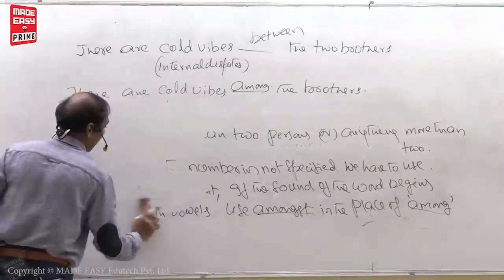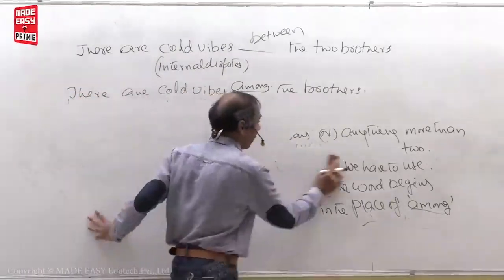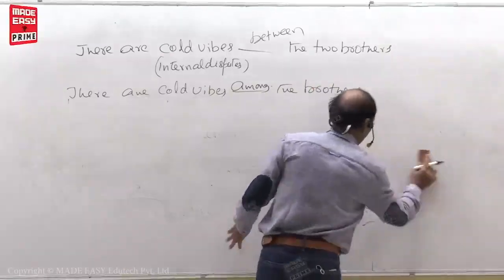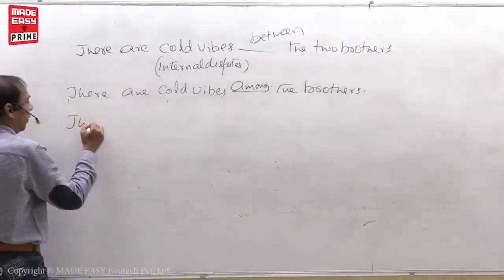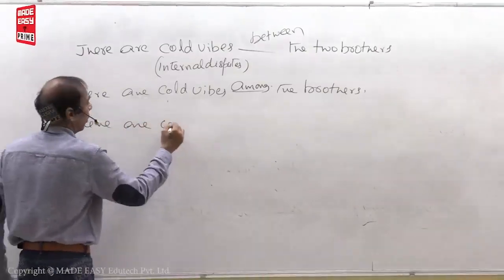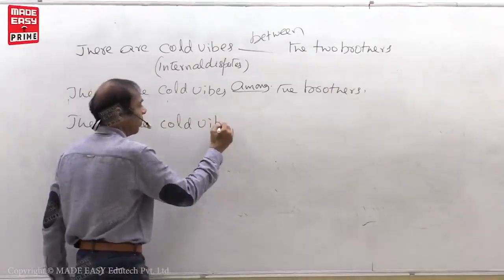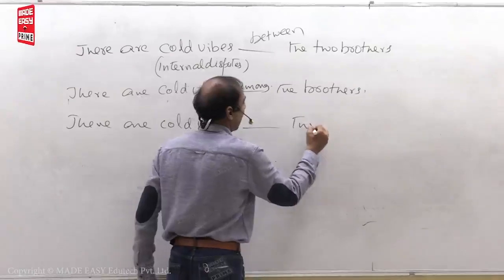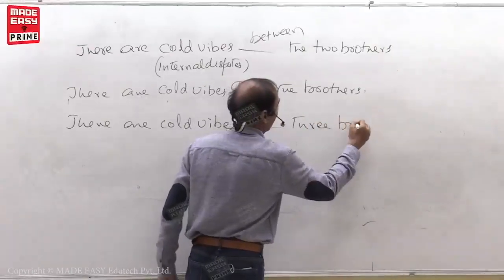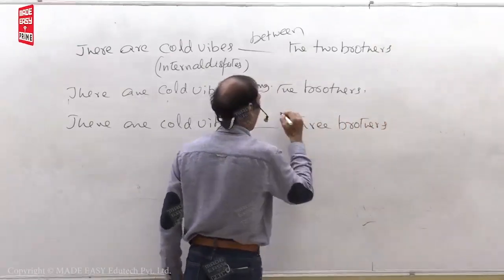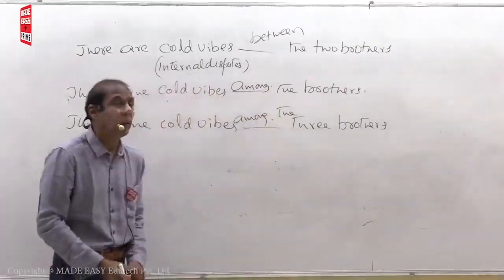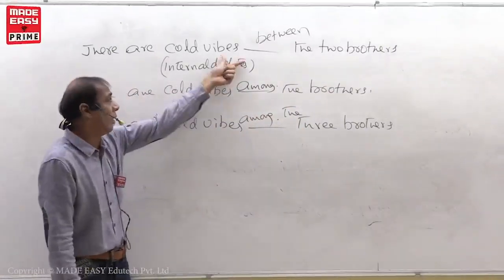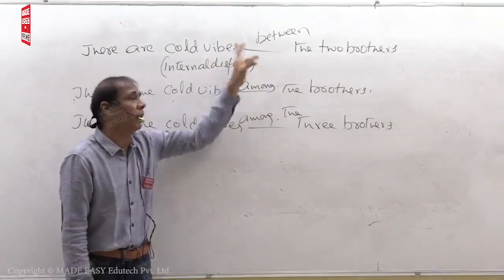My dear students, observe. I'll explain one point here. Similarly, there are cold wives among the three brothers. It means in the case of two persons or anything two, between.